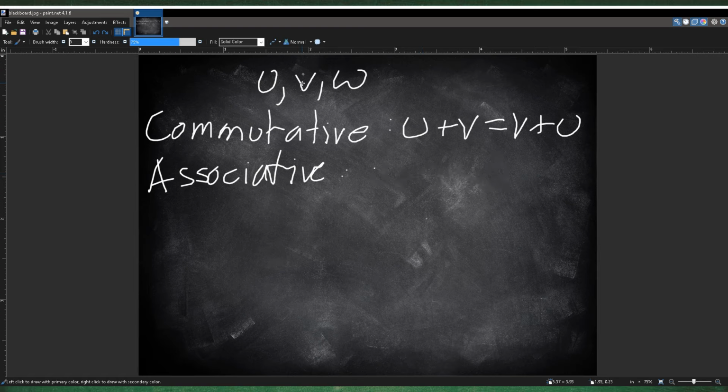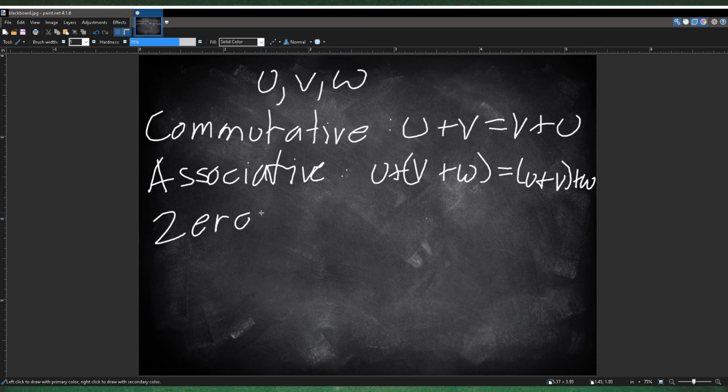So that's the associative property. Then there is the zero property, which states that if you have vector u plus 0, it's just the same thing as vector u. This is because 0 just doesn't change anything.